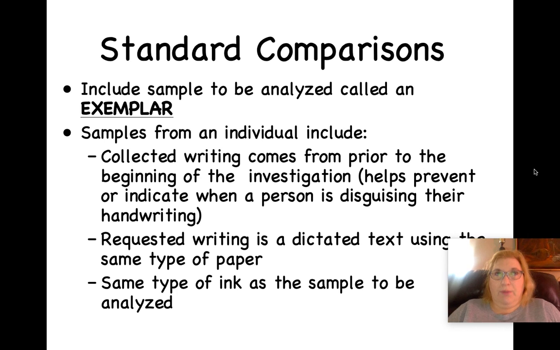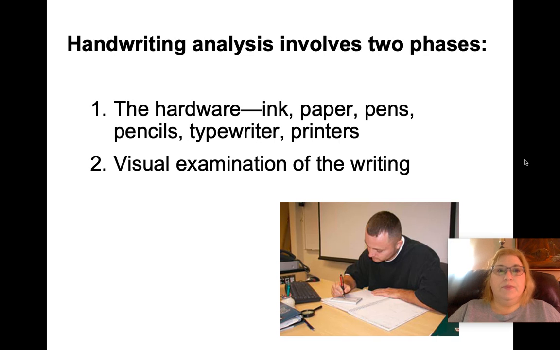For example, in the John and Patsy Ramsey case, they had letters that Patsy had written 6 months before, and also things that she had written recently, and had lots of different examples of her handwriting to compare to the ransom note. It wasn't just having her write the ransom note again and then comparing, because then it would be more likely that a person who's a criminal would be able to fake it.